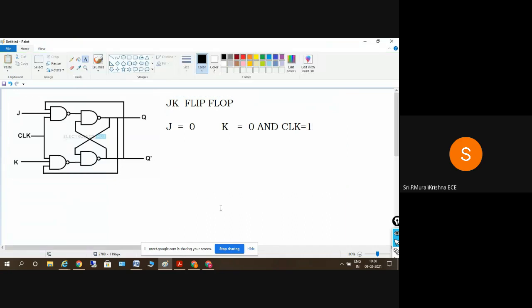The main advantage of the JK flip flop is that the forbidden state we had in the SR flip flop can be eliminated with the help of this JK flip flop.